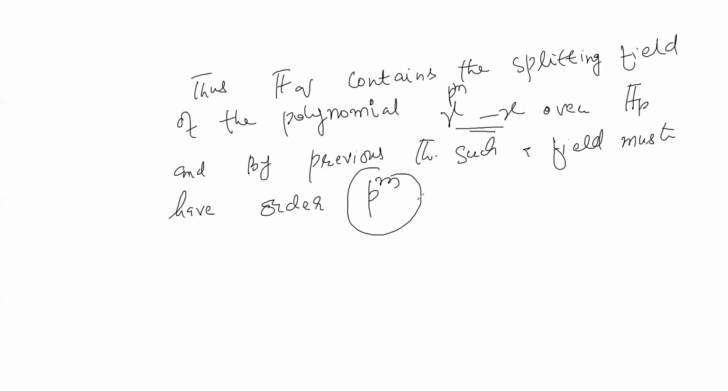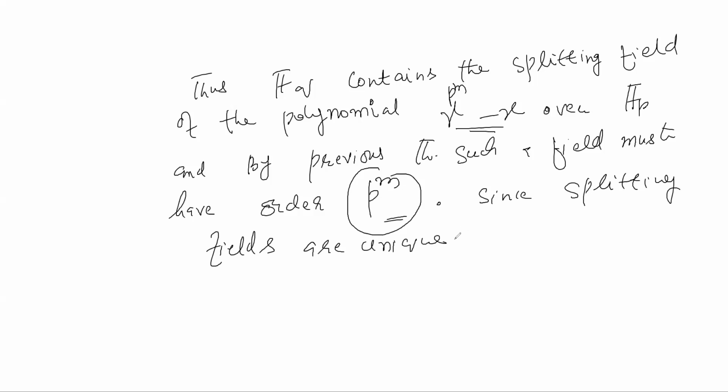Okay, if there were two distinct subfields of order p raised to power m, they would contain more than p raised to power m roots. Since splitting fields are unique, there is exactly one such field.